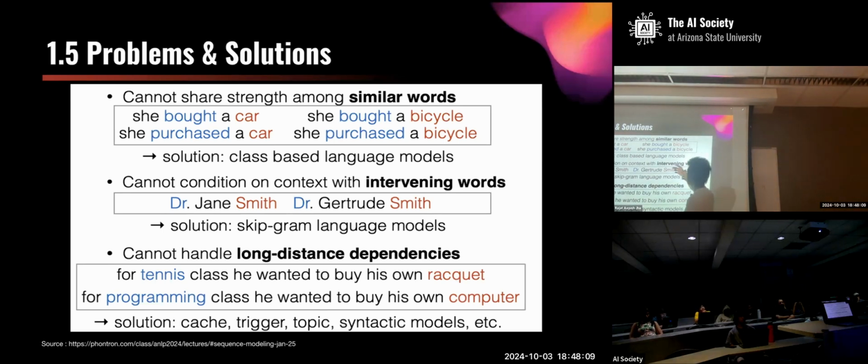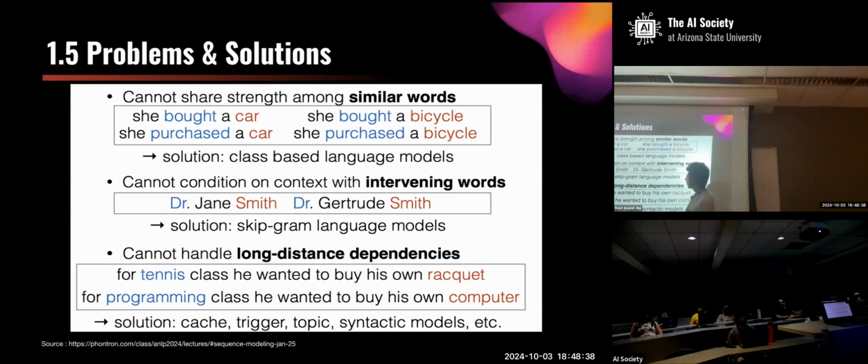One solution that people have used to mitigate that problem is to put the words in a class. For example, words that have similar meanings, or convey the same meaning in a certain context, are put in a class so that at any point they can use any word from that class and it will convey the same meaning. That is one of the solutions that people have come up with in the past.